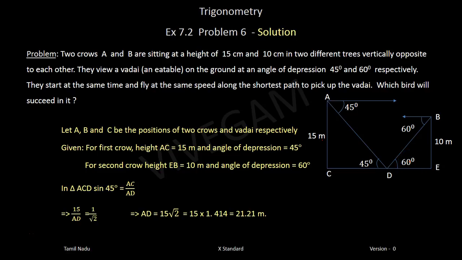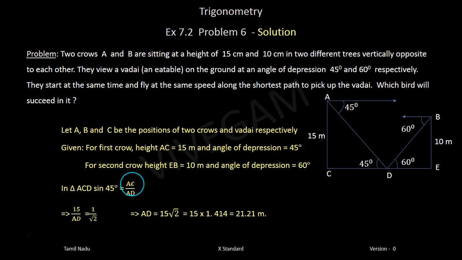Now consider this triangle ACD and find sine 45. Sine 45 is 15 divided by AD, because this is what we want to calculate. You have to relate this to the given side and the relationship with this angle. That is sine, because sine involves opposite by hypotenuse.